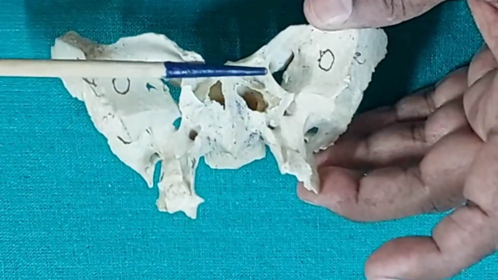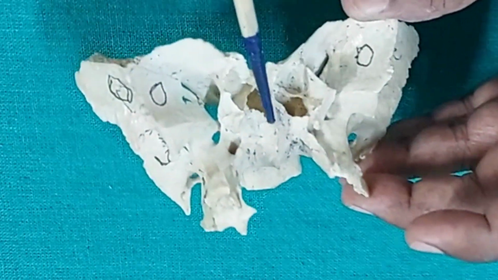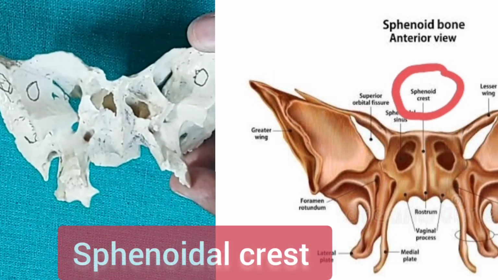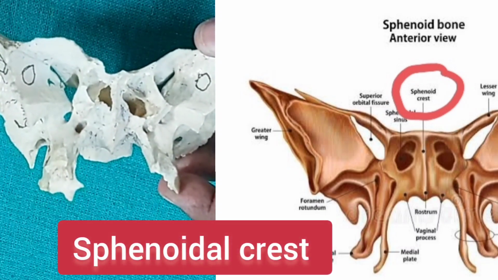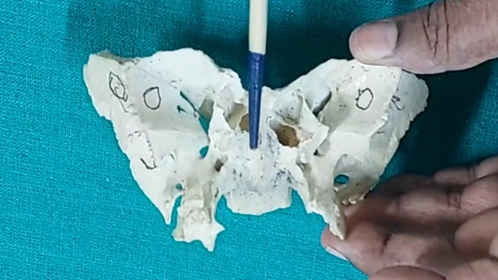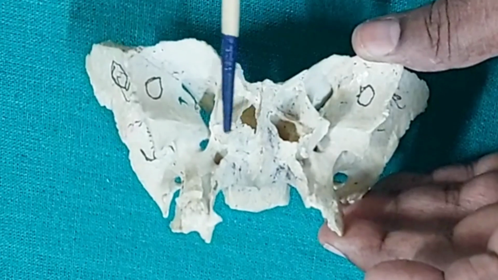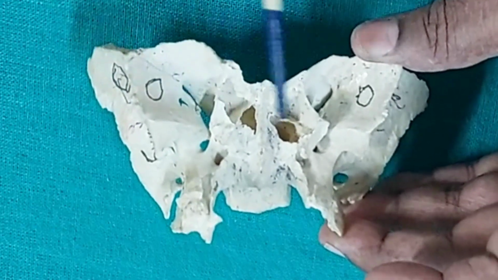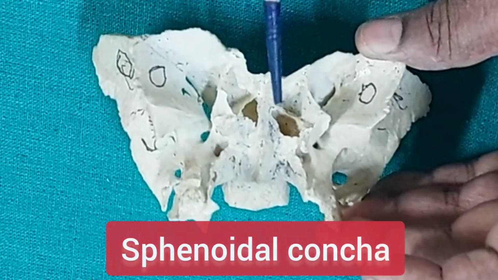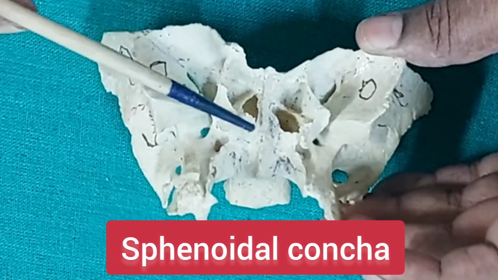On the anterior surface, you will get in the midline a crest, the sphenoidal crest, which articulates with the perpendicular plate of the ethmoid bone, making a small contribution to the nasal septum. On each side of this crest, there is a thin plate of bone called the sphenoidal concha. The sphenoidal concha has an upper part and a lower part.